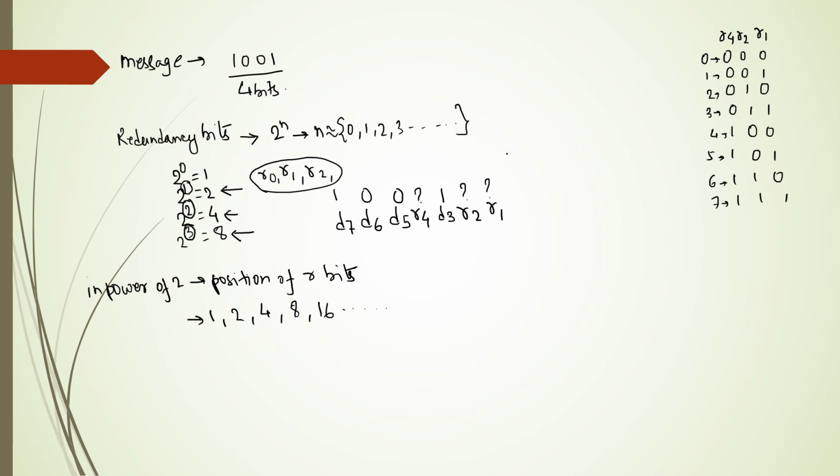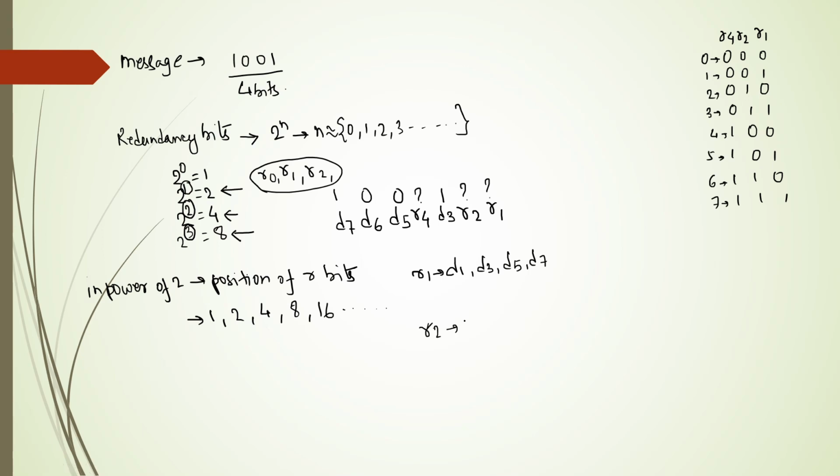For R1, we will just select the data points where the value of R1 is 1. So for R1 we will select data 1, then data 3, then data 5, and lastly data 7. For R2, we will have the data points where the value of R2 is 1.